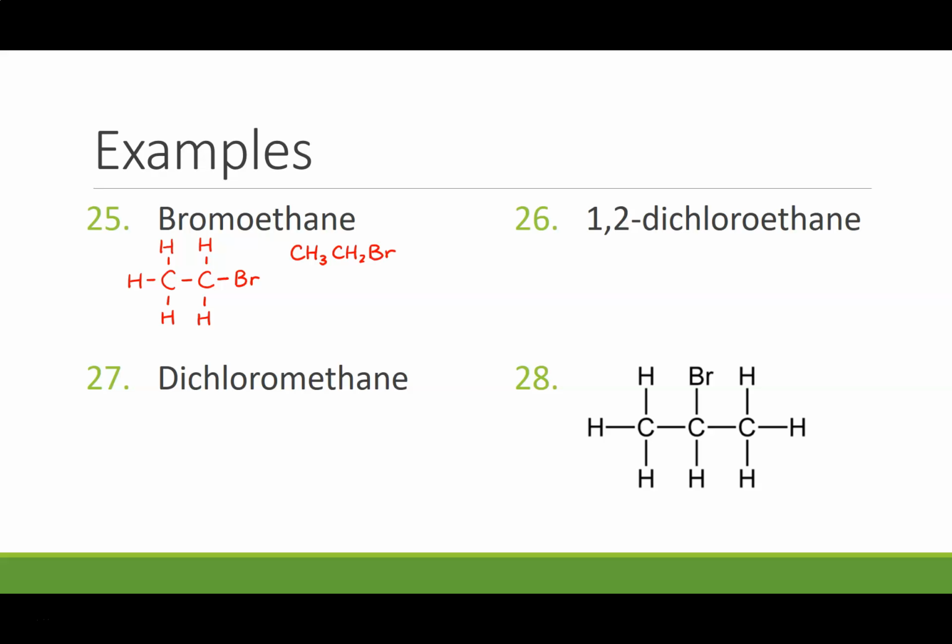Number 26, we're going to draw 1,2-dichloroethane. Again, this is an ethane, so it will have 2 carbons bonded by a single bond. It says 1,2-dichloro at the beginning of the name, which means carbon 1 has a chlorine attached to it, and carbon 2 also has a chlorine attached to it, and we just now have to fill in the hydrogens to complete this structural formula.